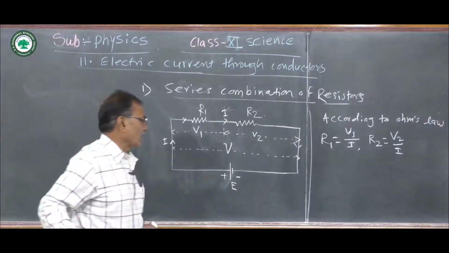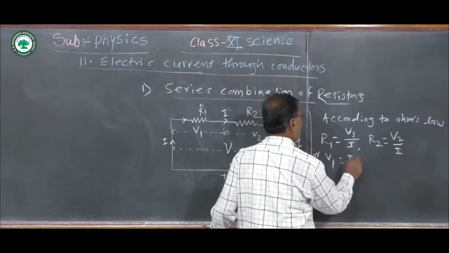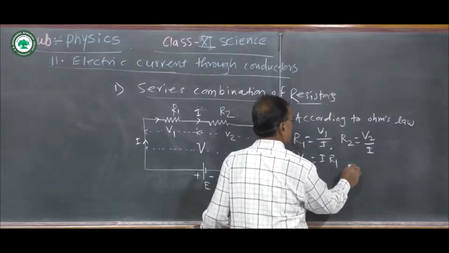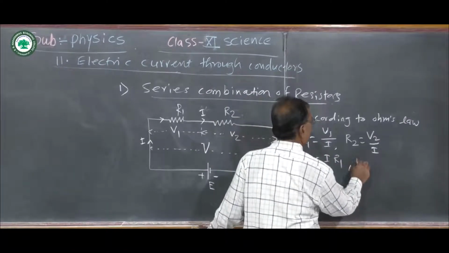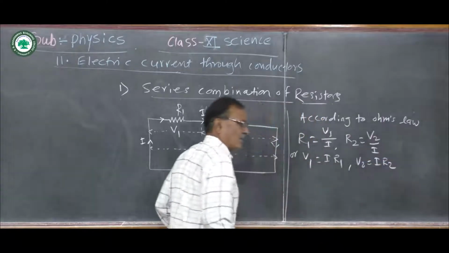So, we can write V1 equal I into R1, V2 equal I into R2.